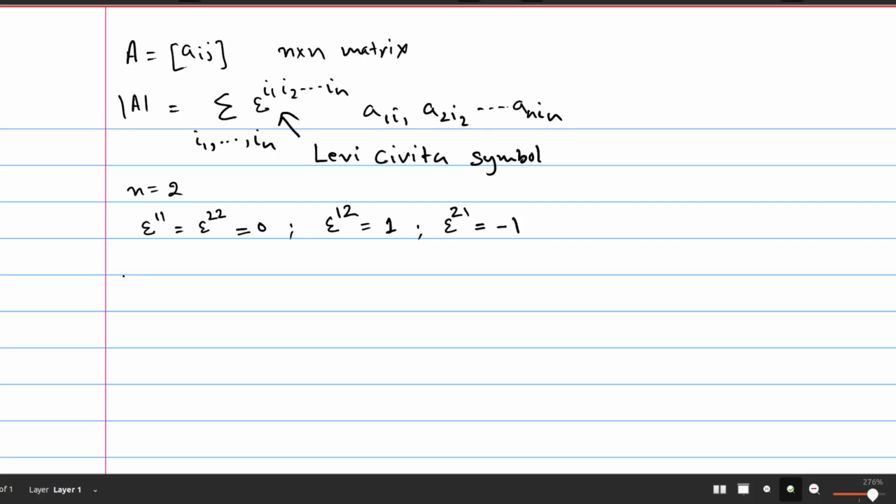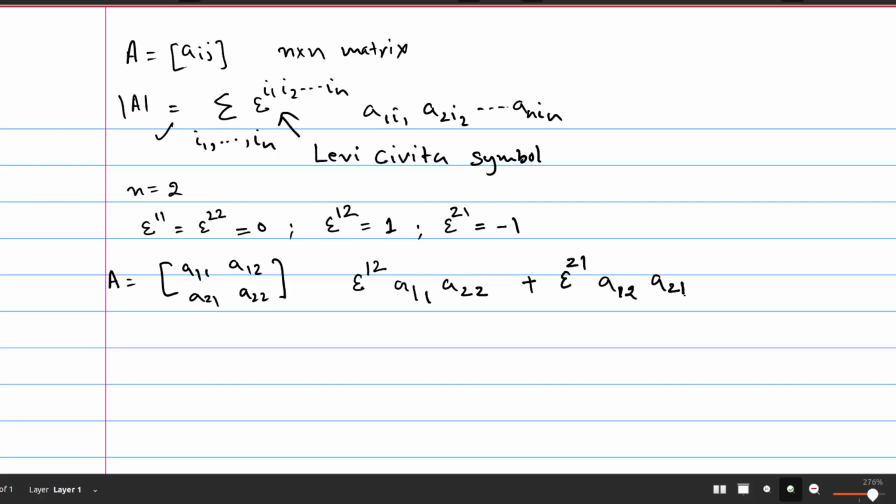So in this case, if we have a matrix A11, A12, A21, A22, its determinant according to this sum here will be equal to epsilon 1 2 A11 A22 plus epsilon 2 1 A12 A21, which will be equal to A11 A22 minus A12 A21.